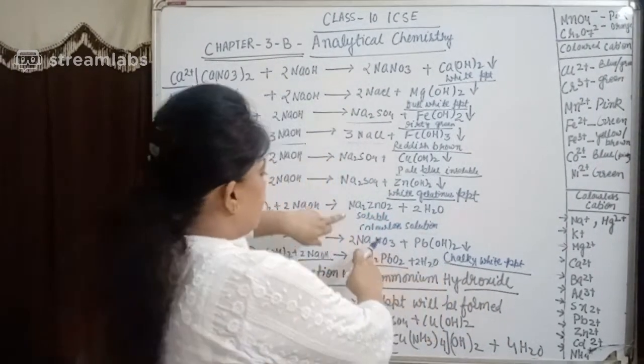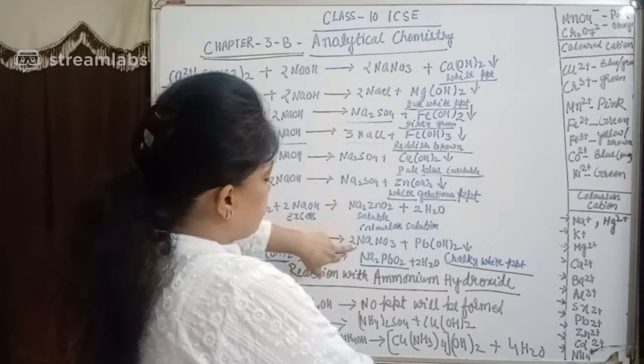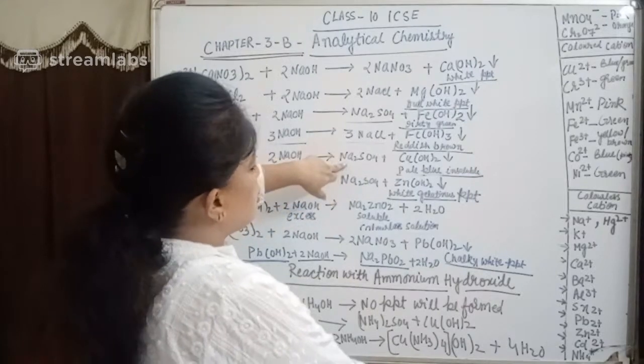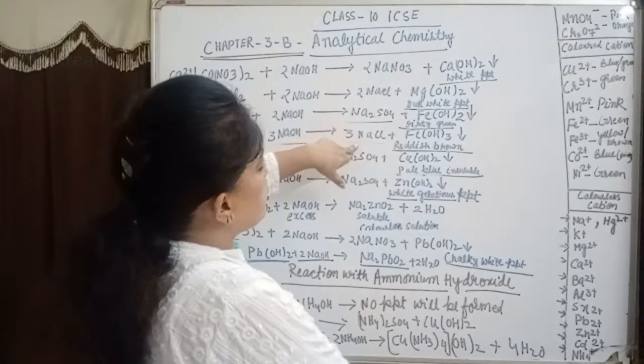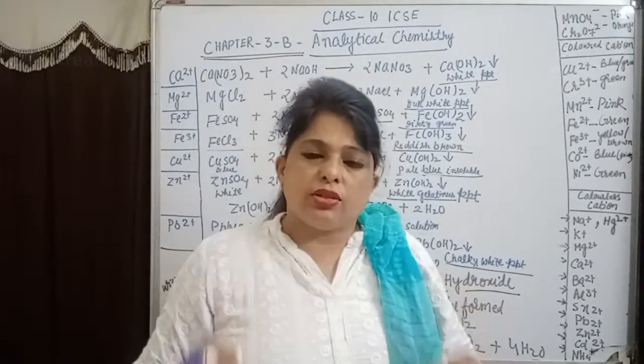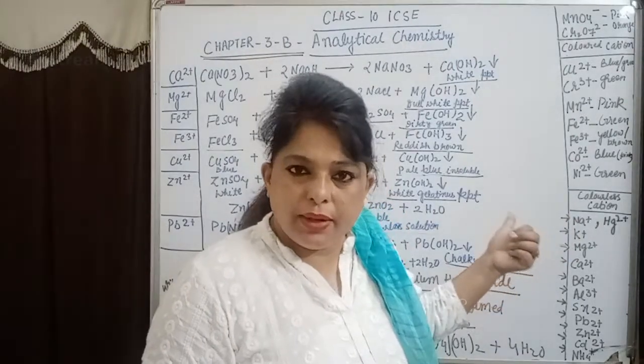So you can see here the sodium salt, that is Na2ZnO2, is soluble, sodium nitrate is also soluble, sodium sulfate is soluble, sodium chloride is soluble. So whenever sodium forms salts they are always soluble. It means the other product will be in the precipitate form.